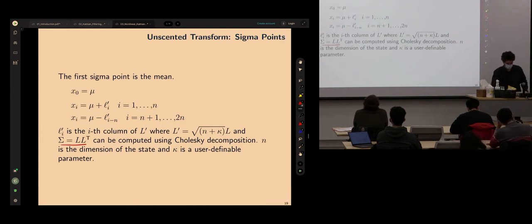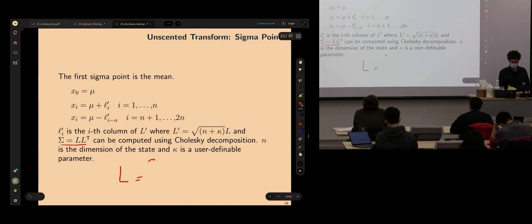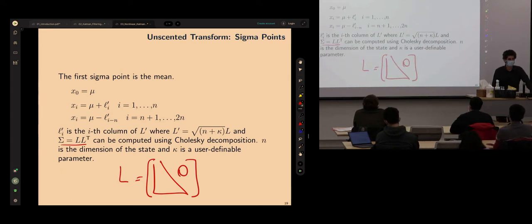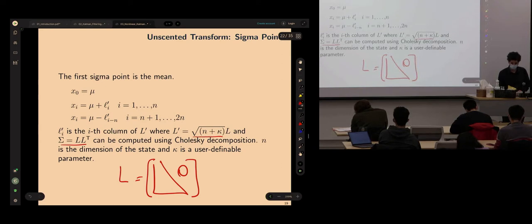The Cholesky factorization will give you a lower triangular matrix L, right? All the terms above the diagonal are zeros. And L transpose obviously will be upper triangular. Then we also scale this with some factor. We call it L prime.